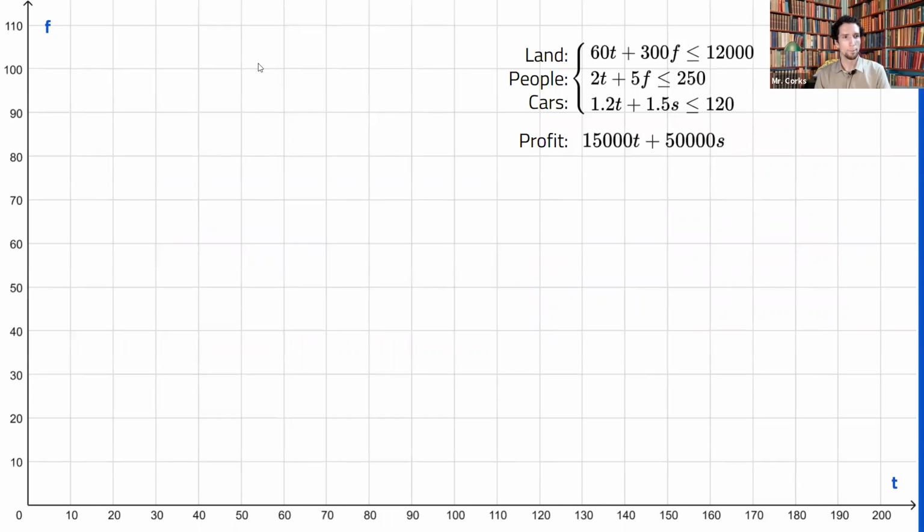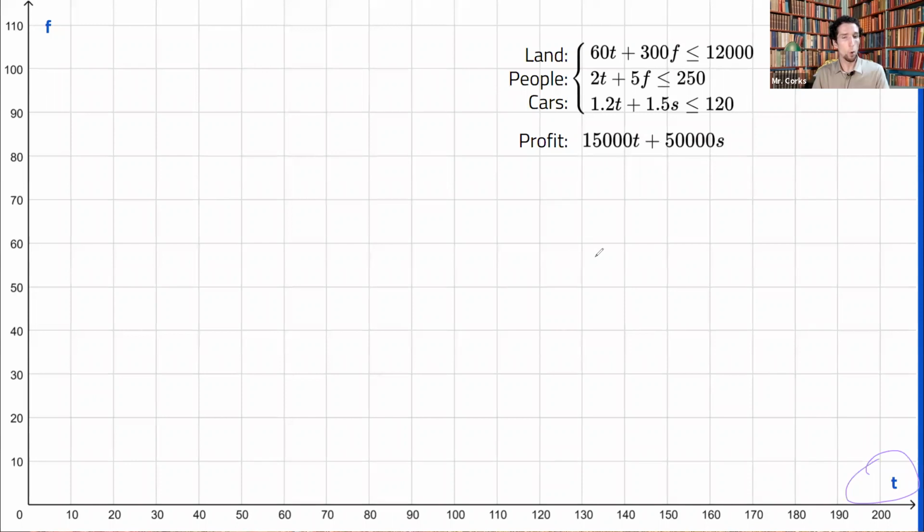So let's graph these. I have our T on the horizontal, like our X value, and our F as our vertical axis. So let's figure out what each of these are.